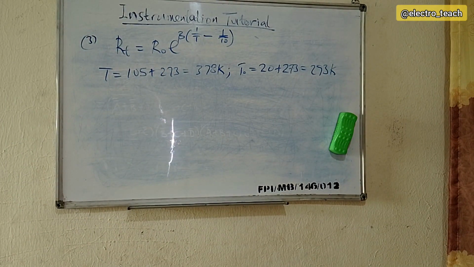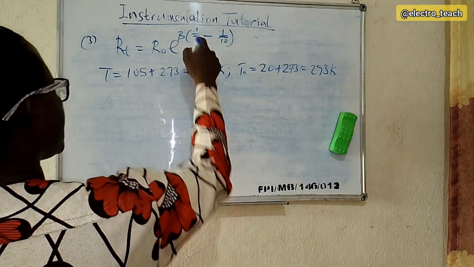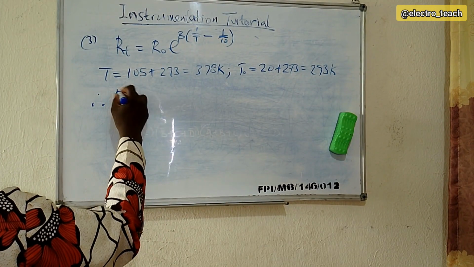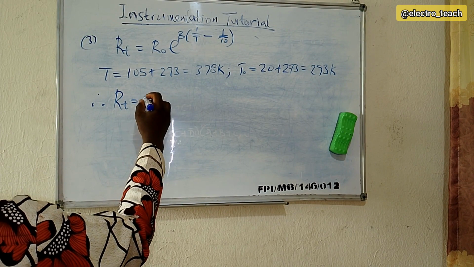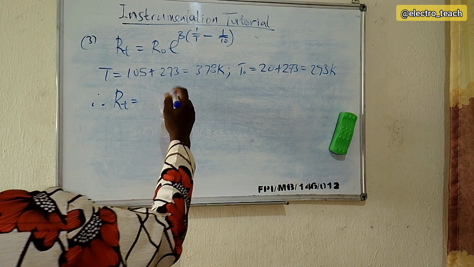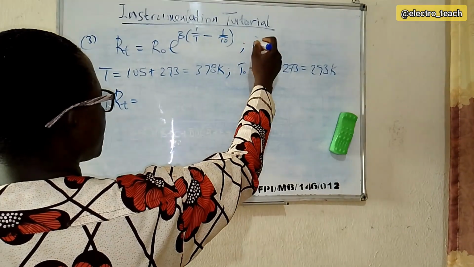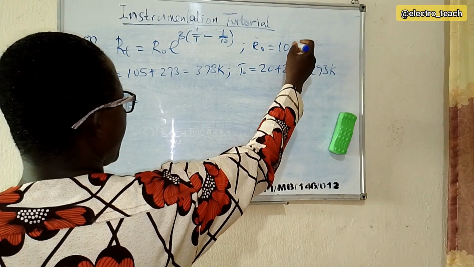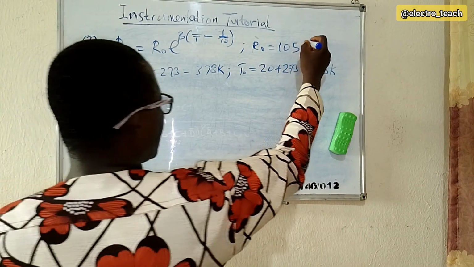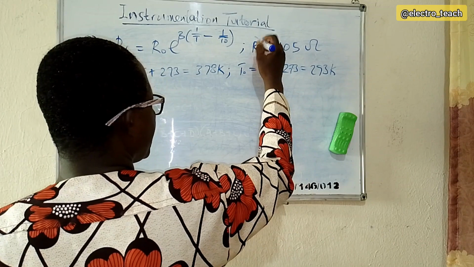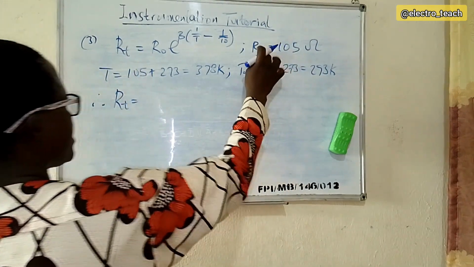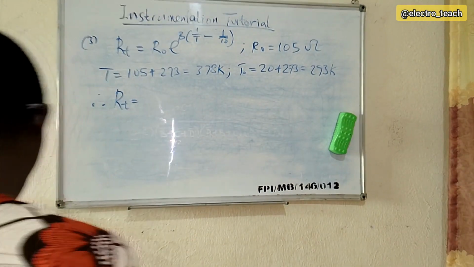So we can now substitute this into this formula. Therefore, RT equals RO. RO is the reference resistance at the reference temperature, that is 105 ohms.